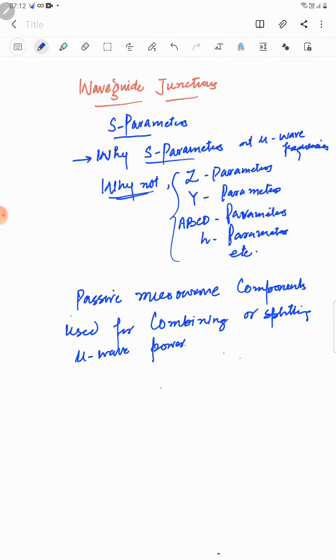So the first thing is that they are passive microwave components.